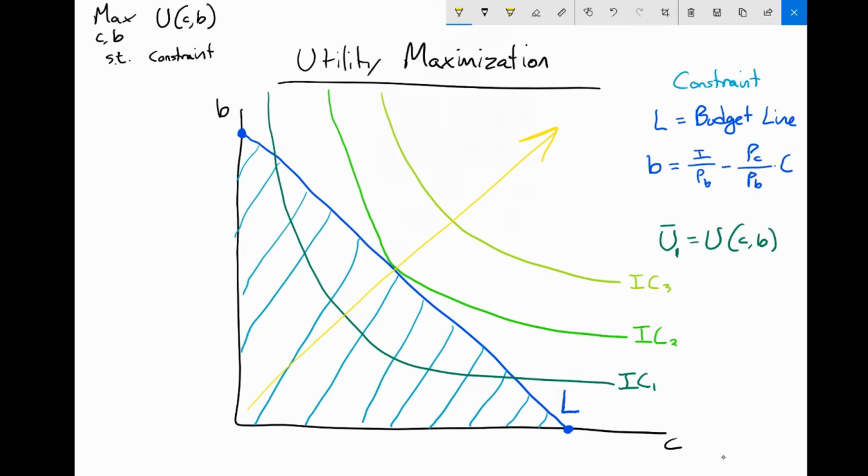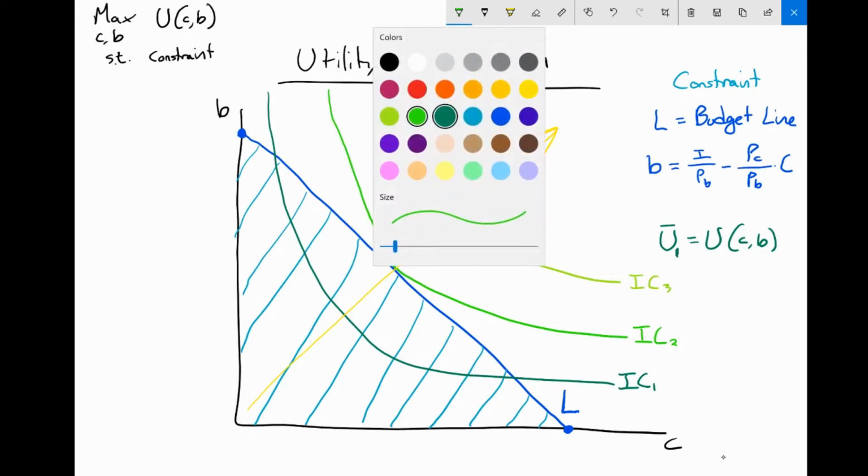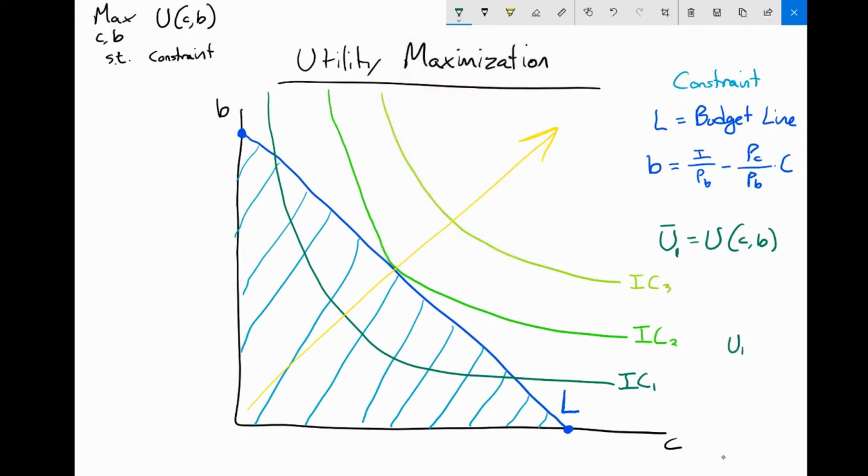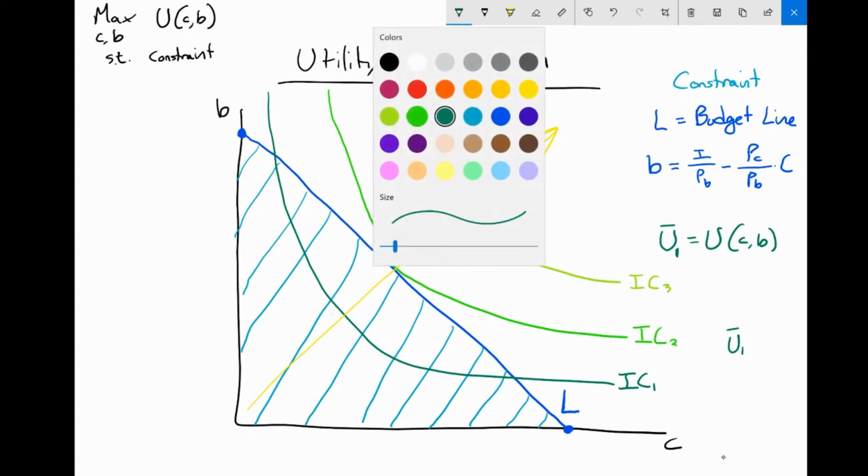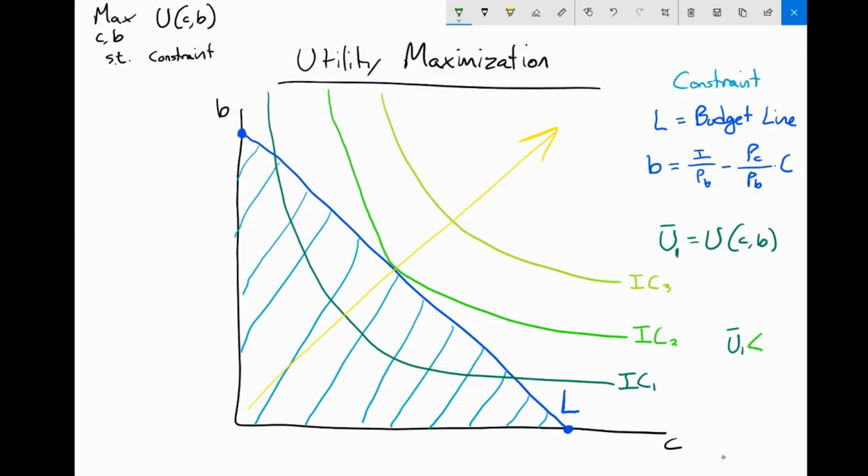Another way of putting it would be this. If U1 bar is the amount of utility that the agent would receive from any bundle on the IC1 indifference curve, then the agent would receive more utility if they got a bundle on the second indifference curve, that is IC2.